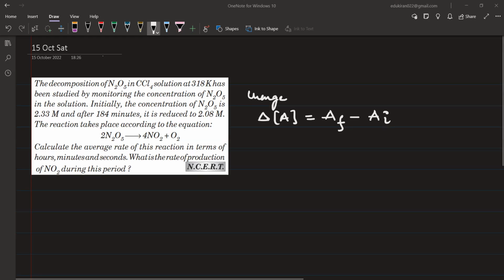So tell me, we wrote about average rate, yes or no? Yes. What is average rate? Change of concentration. Now first of all, tell me, have we been given the concentration of reactant or product?